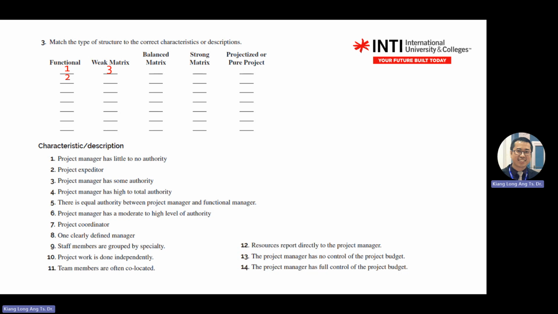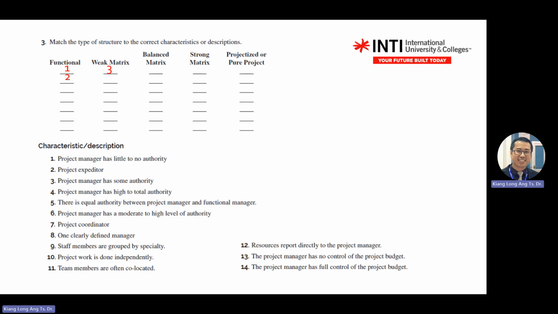So from here, the project manager has more, has better authority. This one you adjust according to the matrix level. If it's balanced, then the project manager has equal authority to the functional unit.